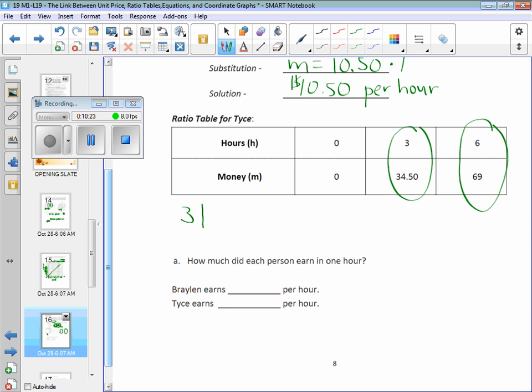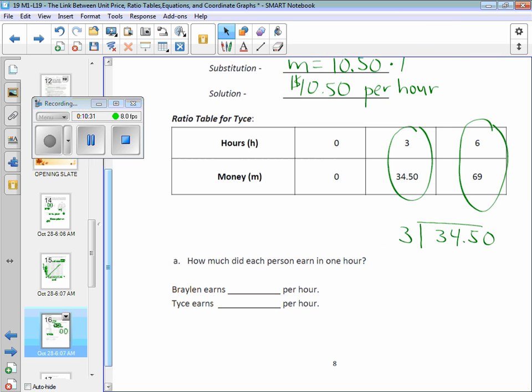Okay, let's do that. Not a whole lot of room to work here. Let me move it over. Raise the roof. Make sure that you put your decimal up in the roof. 3 goes into 3 once.